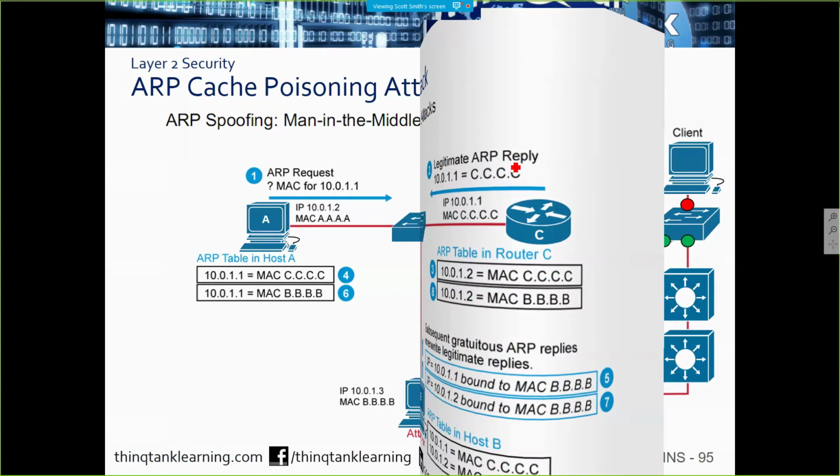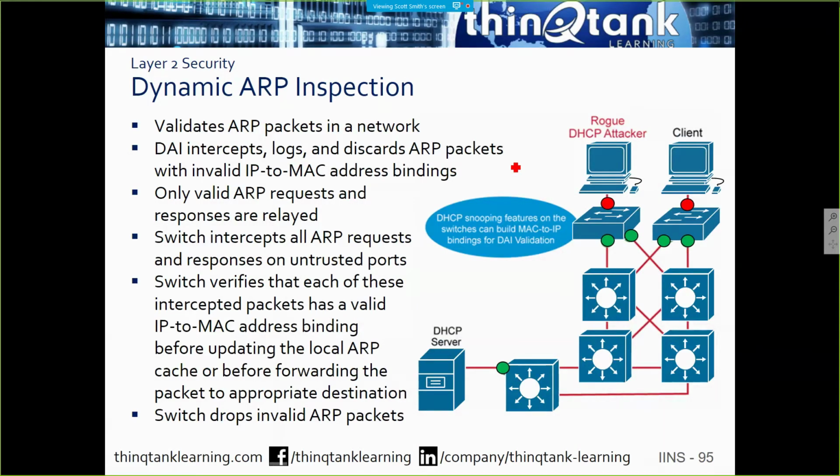Unless you're running something called dynamic ARP inspection. DAI, dynamic ARP inspection, validates the ARP requests and the responses and drops the frames that don't meet the criteria set forth in the dynamic ARP inspection protocol.